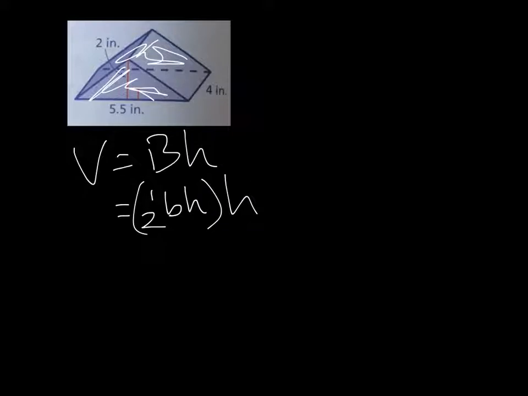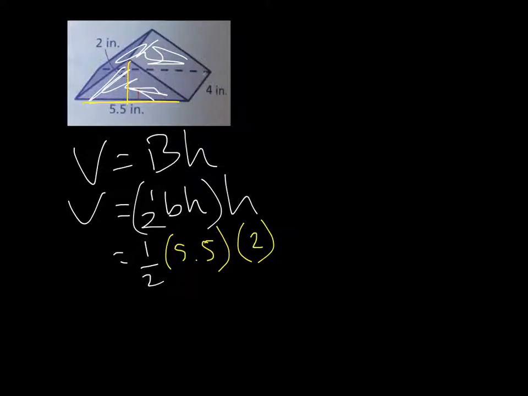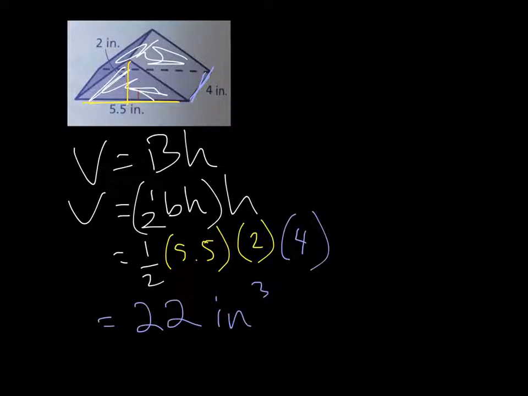So let's look at the triangle first. 1/2, the base of the triangle is 5.5, and then the height of the triangle is this right here, and that's 2. And then the outside, the height of the prism, or the distance between the two bases, is 4. So we end up with 22 inches cubed.